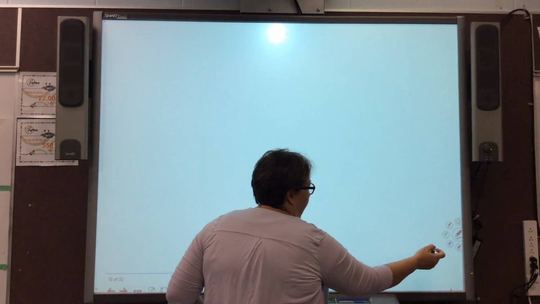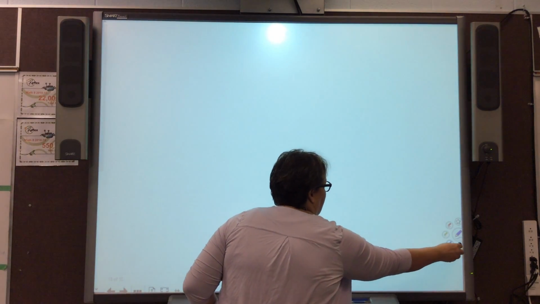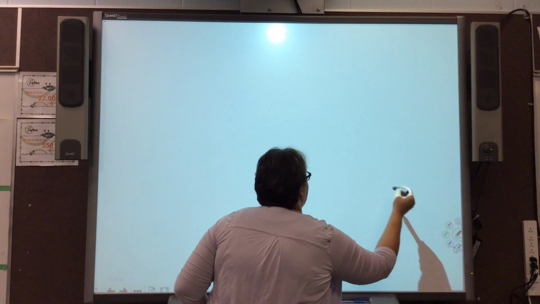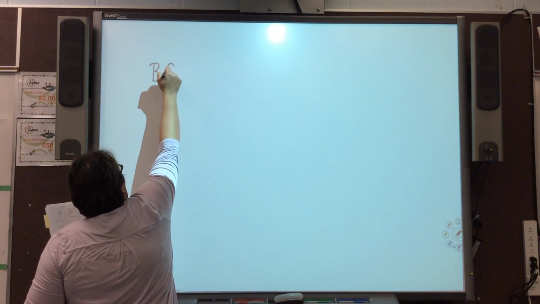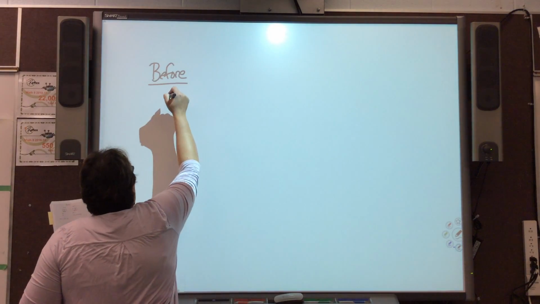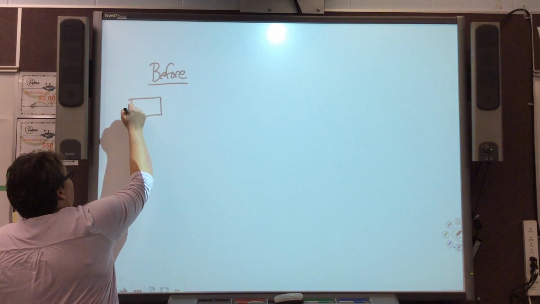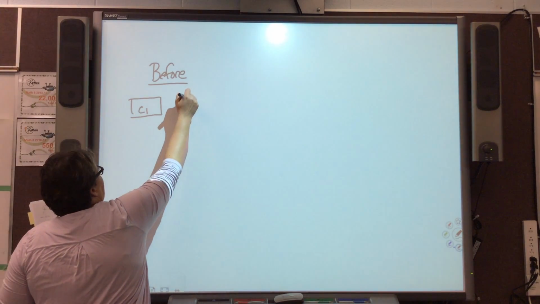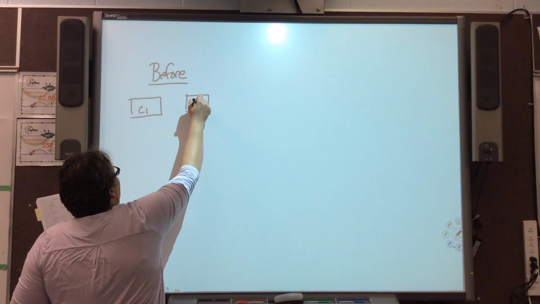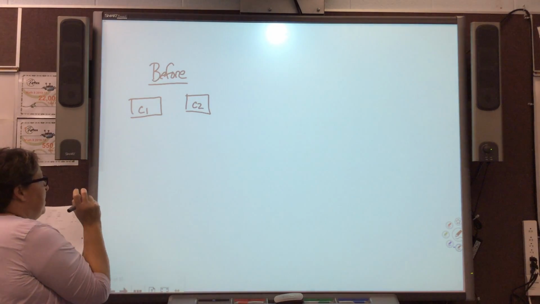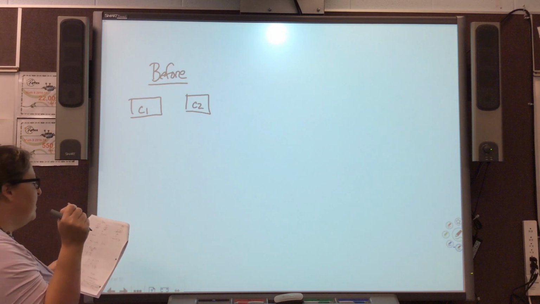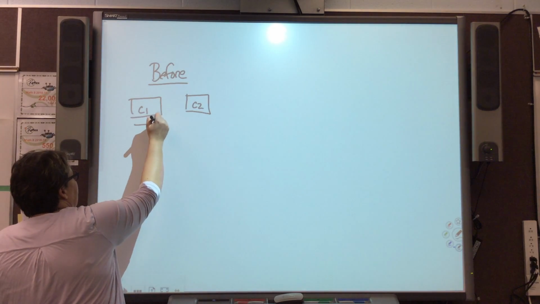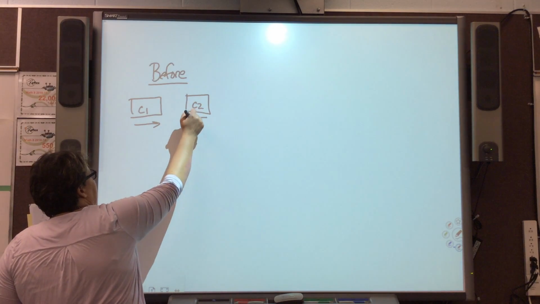But as per usual, we're going to draw diagrams. So much for aligning my smartboard. Before, they had one cart, this is cart 1, and then they had cart 2. Cart 1 always had a mass greater than cart 2 so that when they collided, they would go in the same direction. So cart 1 is heading in this direction, and cart 2 is heading in this direction.